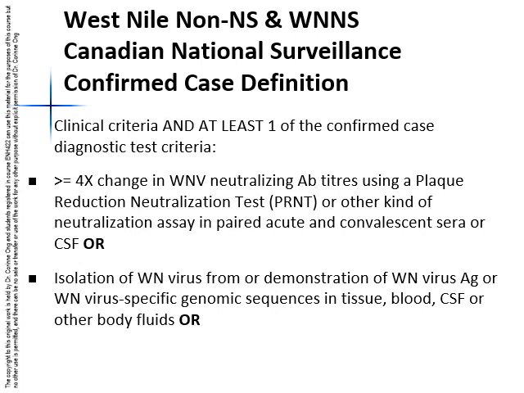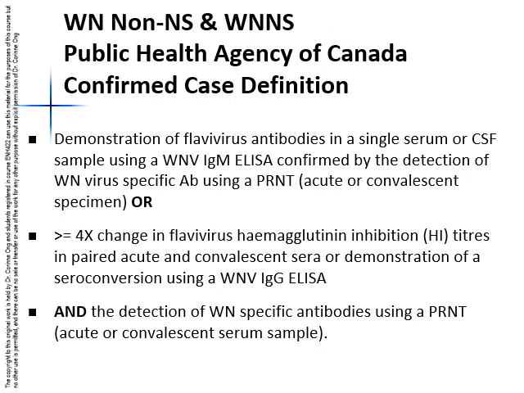Or, let's go to the next slide, demonstration of flavivirus IgM antibodies in a single serum or cerebrospinal fluid sample using a West Nile virus ELISA confirmed by detection of West Nile virus specific antibody using a plaque reduction neutralization test in an acute or convalescent specimen, or a four-fold or greater increase in flavivirus hemagglutinin inhibition titers in paired acute and convalescent sera, or demonstration of a seroconversion using a West Nile virus IgG ELISA and the detection of specific antibodies to the West Nile virus using a plaque reduction neutralization test in either an acute or convalescent serum sample.